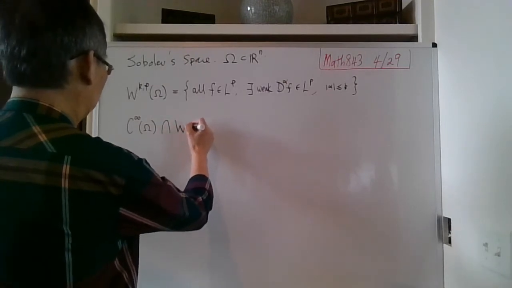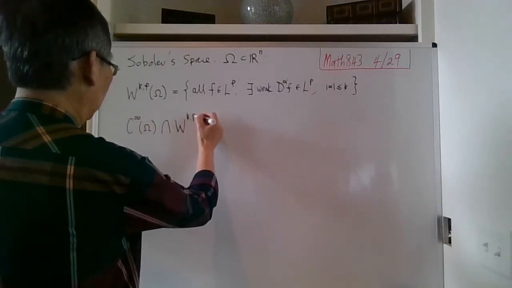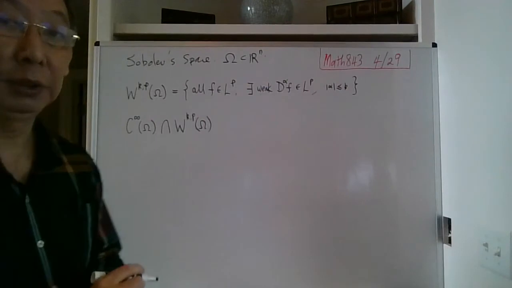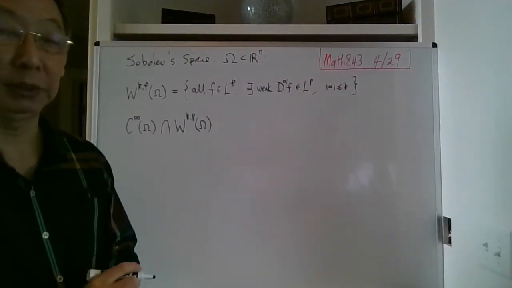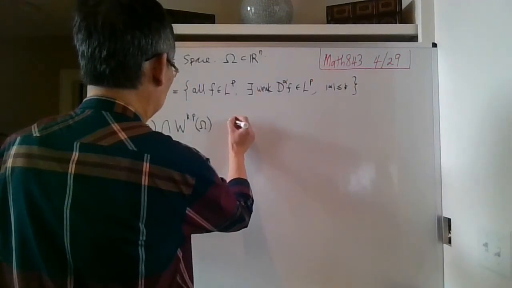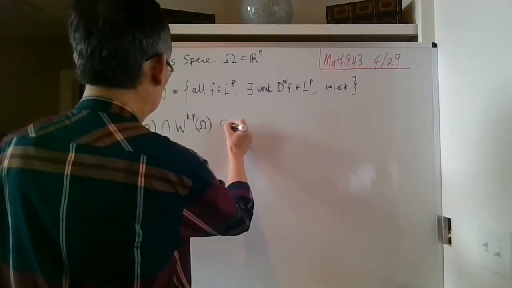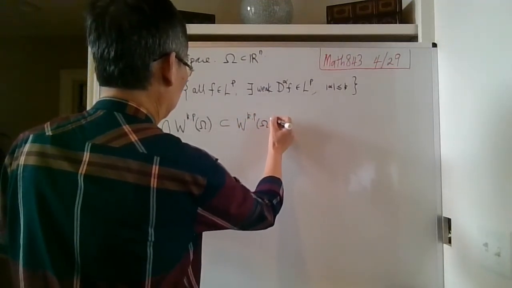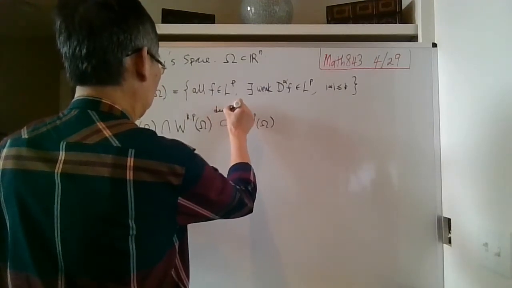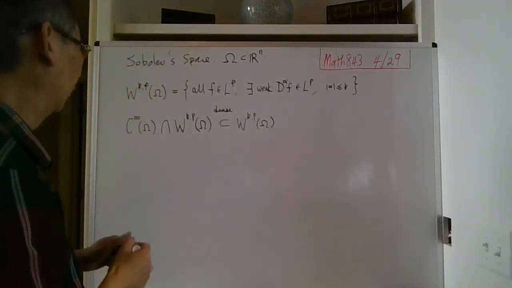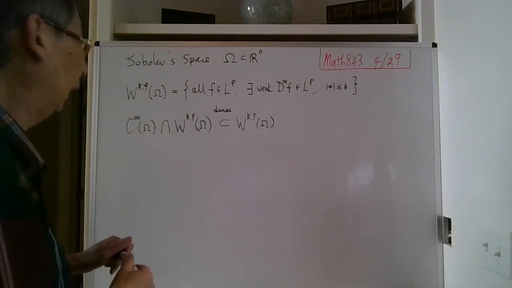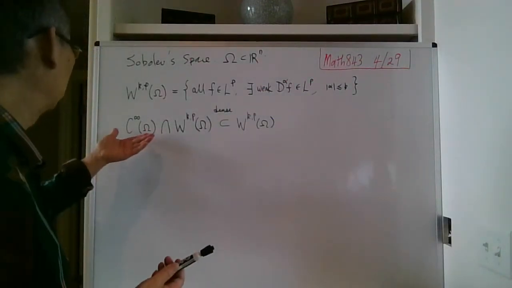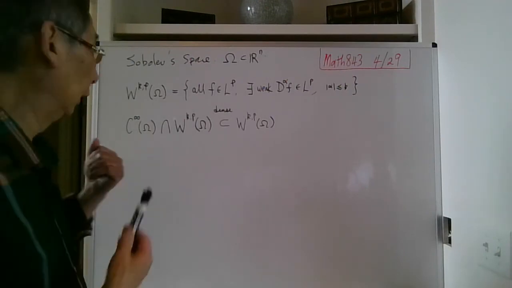So what it means is that you look at W^{k,p} space and you identify all those functions which are actually in C infinity, and this turns out to be dense in W^{k,p}. So this means that any W^{k,p} function can always be approximated by a C infinity function. Okay, so this is the result.